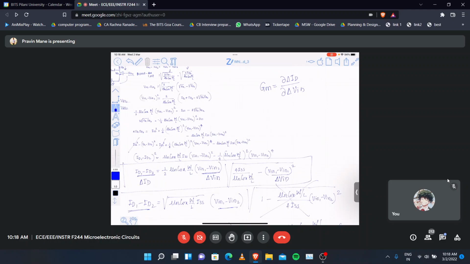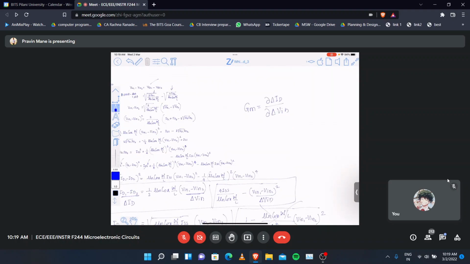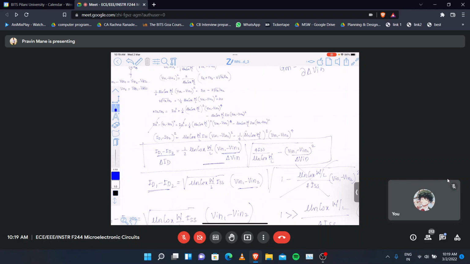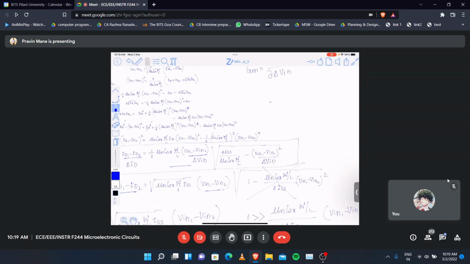So if you take the derivative of this, remember capital GM or small gm, they are decided by DC quantities. Okay, they are decided by DC quantities. So I have to find out the capital GM value of it. So you differentiate this particular expression and you will get the expression for capital GM. Okay, it is simple. Half mu n COX W by L is a constant.